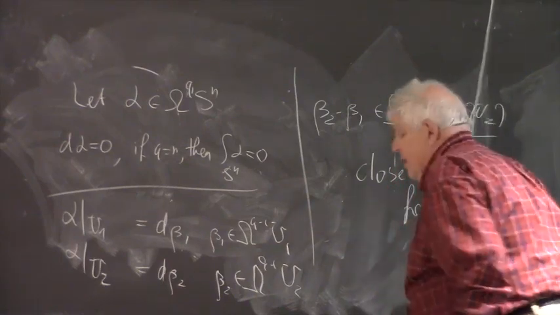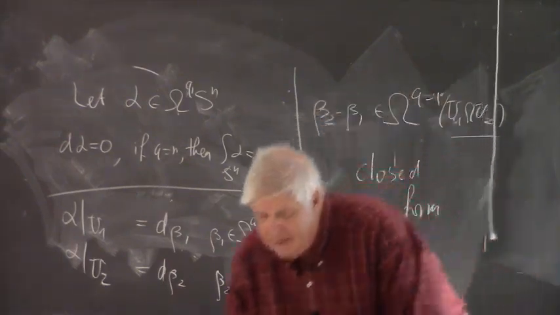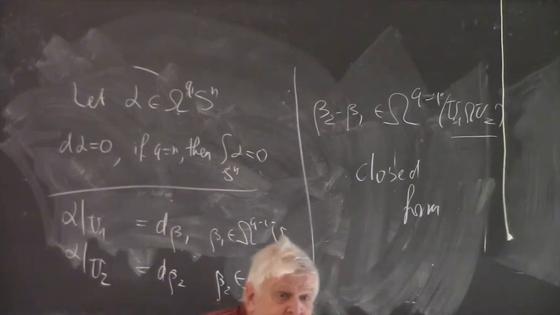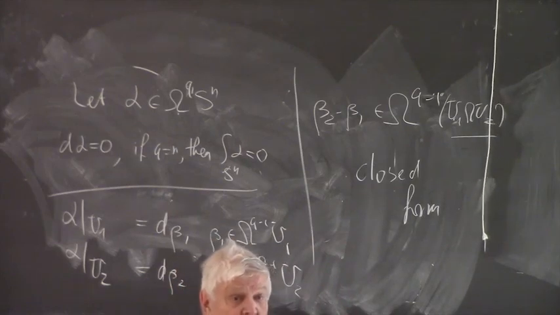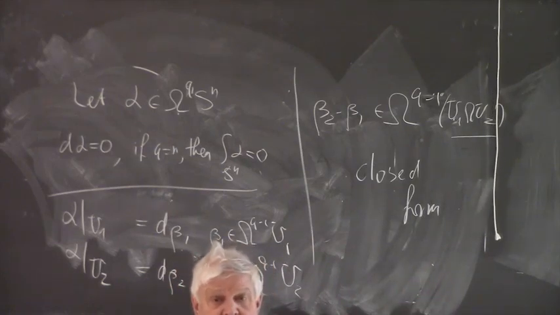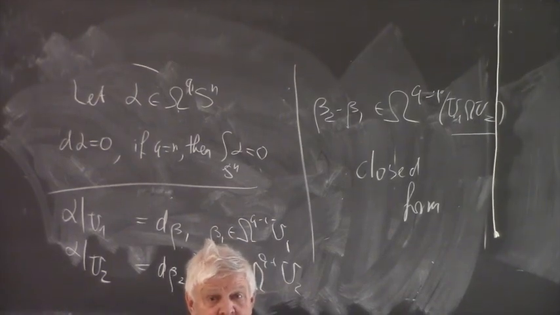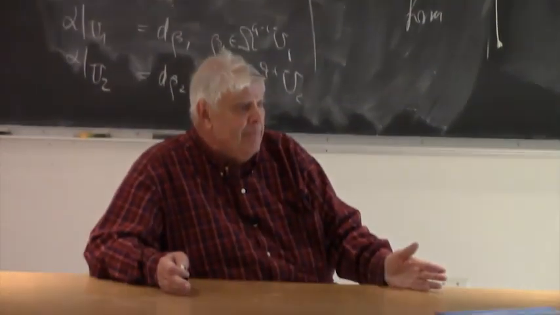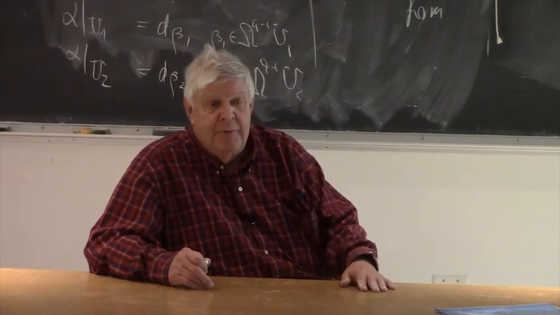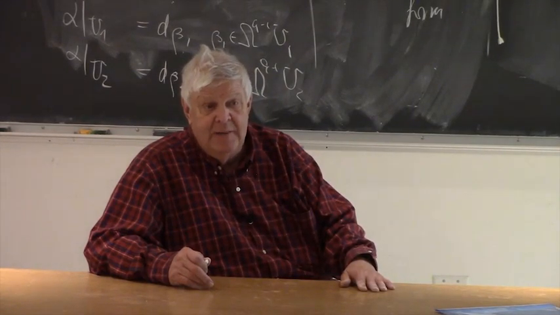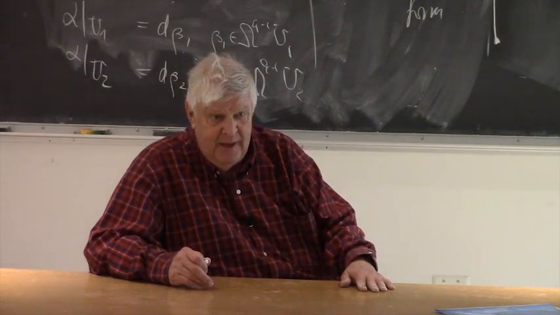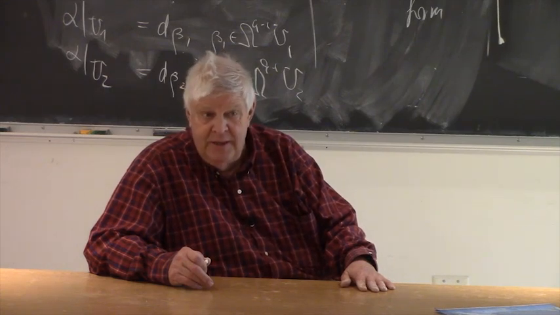Now I say something irresponsible, and then we will make corrections. Actually, this set U1 intersection U2, B in our previous notations, is, from the point of view of de Rham cohomology, the same as the sphere S^(n-1). And we have our induction hypothesis.